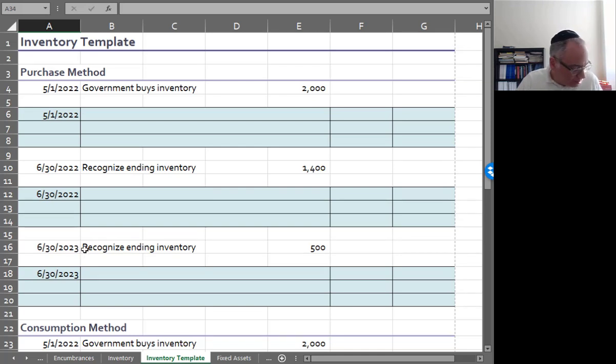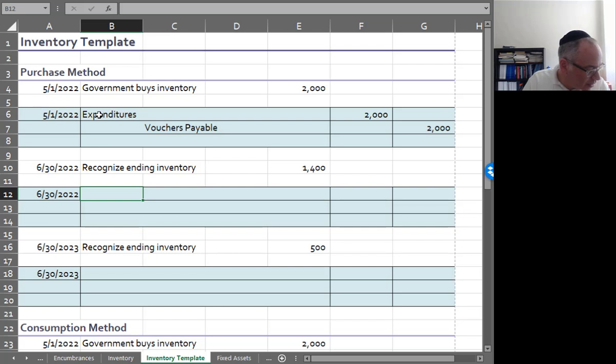So for the purchase method, when the government buys inventory, it's going to debit expenditures for $2,000 in this case, and it's going to credit vouchers payable. And there isn't going to be an encumbrance here because it's a relatively small amount.